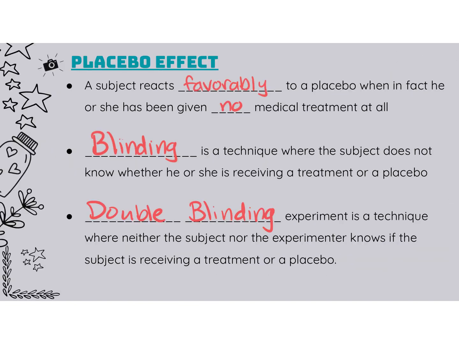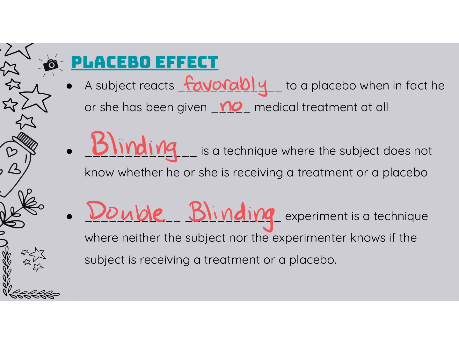We also have the placebo effect that we have to use control to fight against. The placebo effect is when a subject reacts favorably to a placebo when in fact he or she has been given no medical treatment at all. So some ways to assert control and work against the placebo effect are blinding.